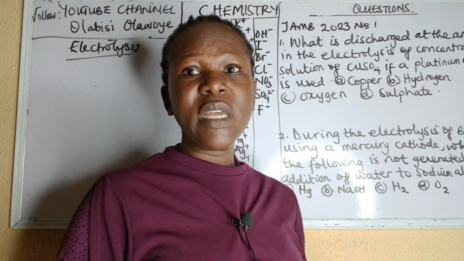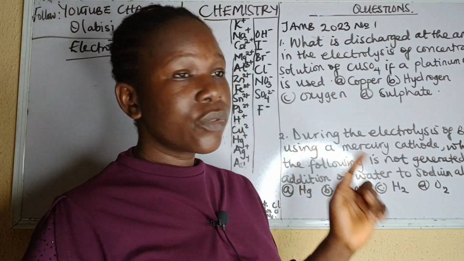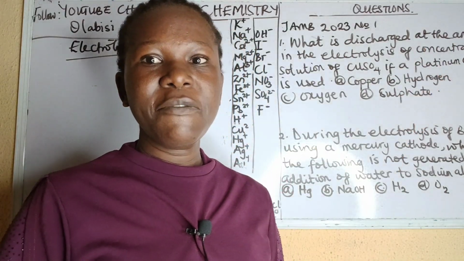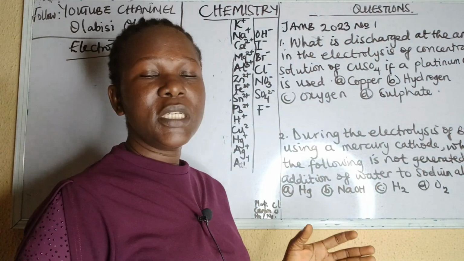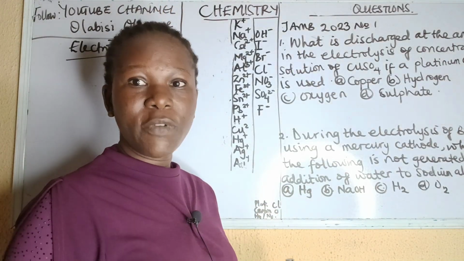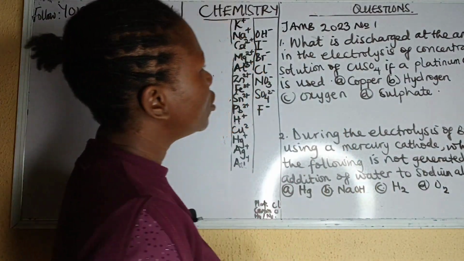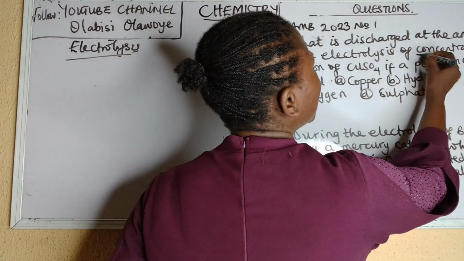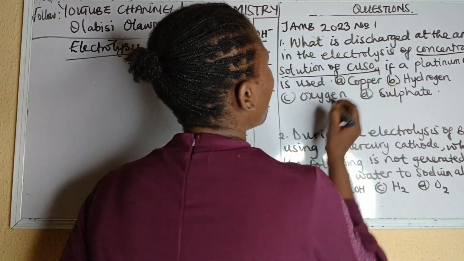The anode is positive while the cathode is negative. Platinum does not have any effect on the electrolyte, so we are not discussing nature of electrode now. We want to look at the concentration. If you take note of the electrolyte used there, it's concentrated solution of copper(II) sulfate.